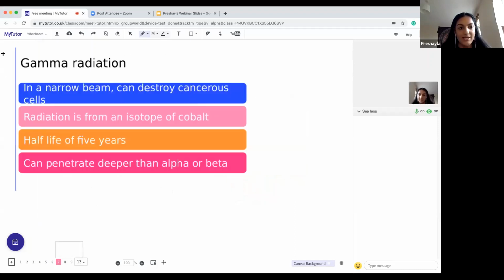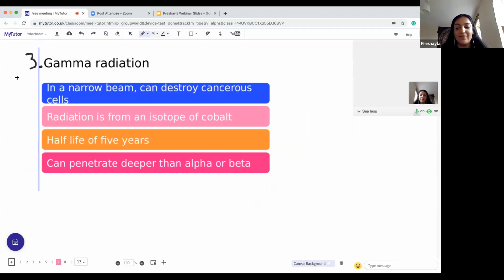The third one is gamma radiation being used for radiotherapy. If we have a narrow beam of gamma, that can destroy cancerous cells. So we shoot the gamma at the cancerous cells, and this can destroy them. What we use for this process is an isotope of cobalt.